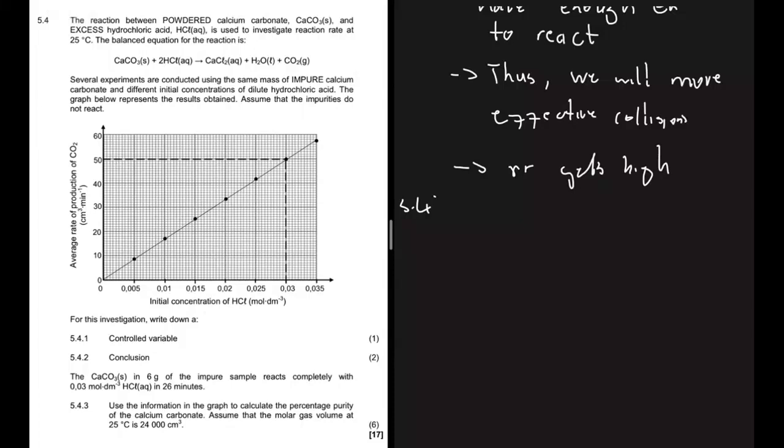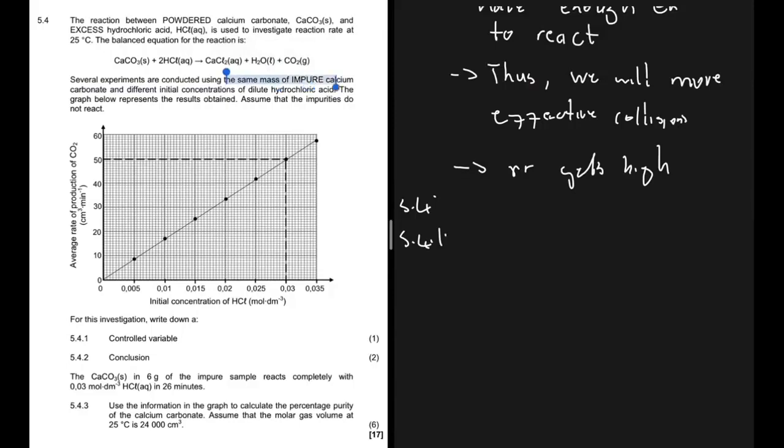Okay, fine. And then 5.4.1 says controlled variable. By controlled variable, they mean the variable that is constant, not being changed in any way, right? If you pay attention to details, when I was reading that statement, it said same mass of calcium carbonate. I just highlighted it in blue on the left hand side.